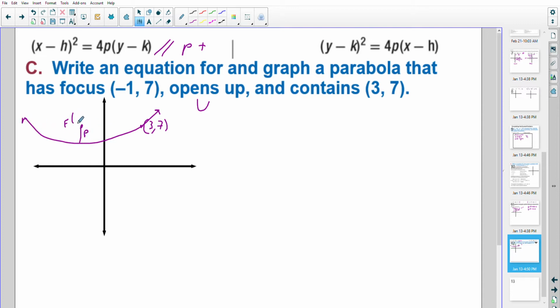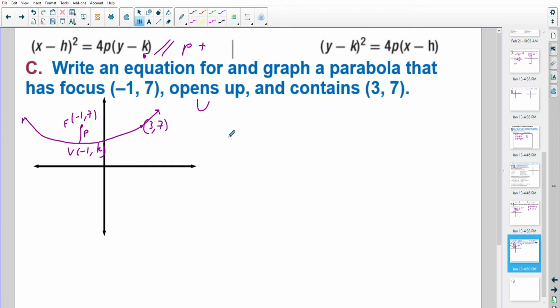Now the focus is negative 1, 7, which means that your vertex is going to be negative 1, k, and I'm going to use k because that's in the standard form for my vertex. And so now I can go ahead and use this equation and substitute everything I can in.